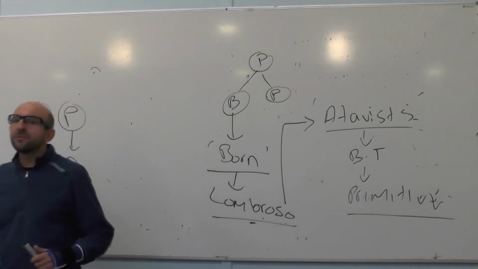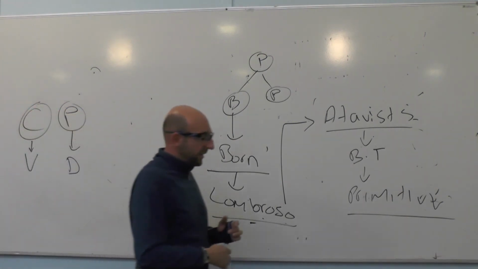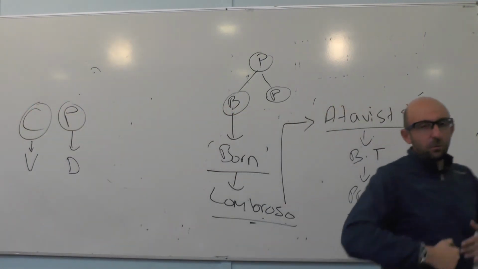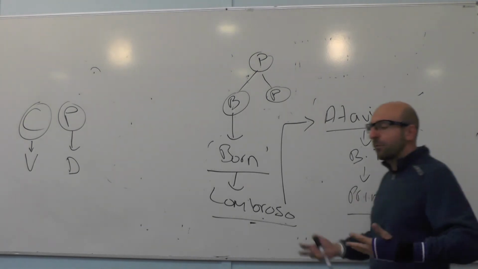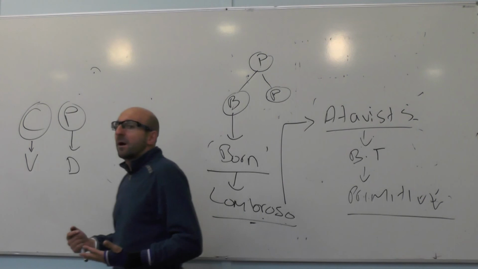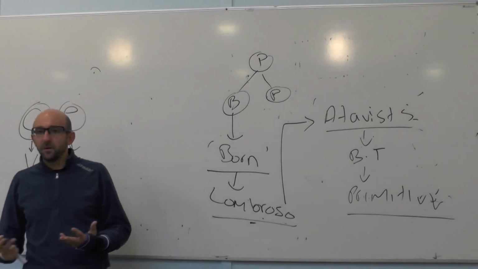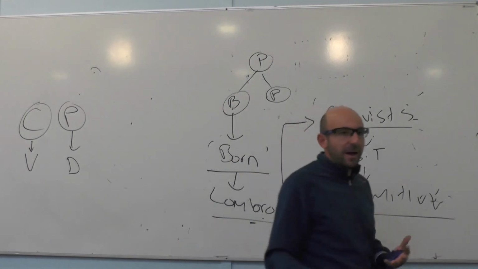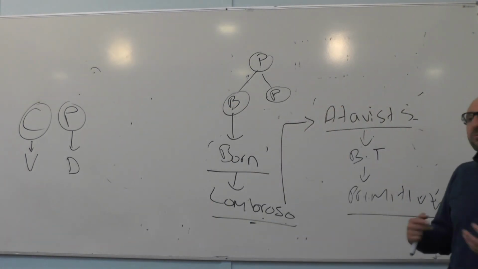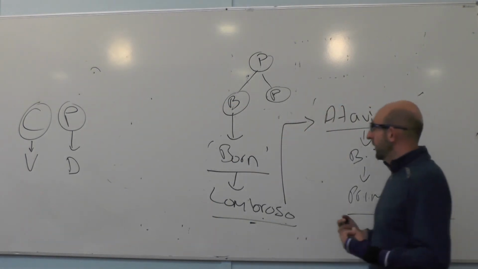So what he did is he went into an Italian prison and looked at the criminals there. He wanted to carry out this scientific experiment. So he went there with all of his scientific equipment, and he started to measure the criminals. He started to measure their biology to see if they were somehow different. And he came up with some quite startling findings.